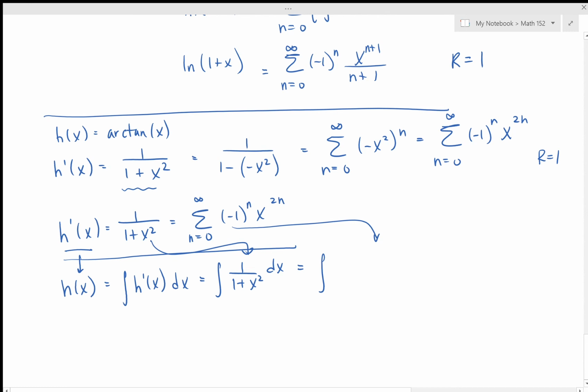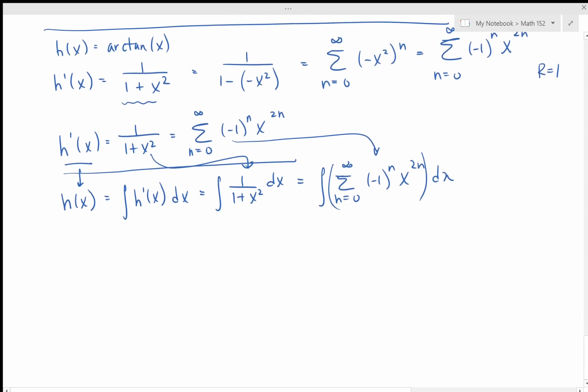And so that then will be the integral of this power series here, which looks like this. There it is, like that. Okay, so I've integrated all sides, and then I can either do it term by term, or I can just do it directly.